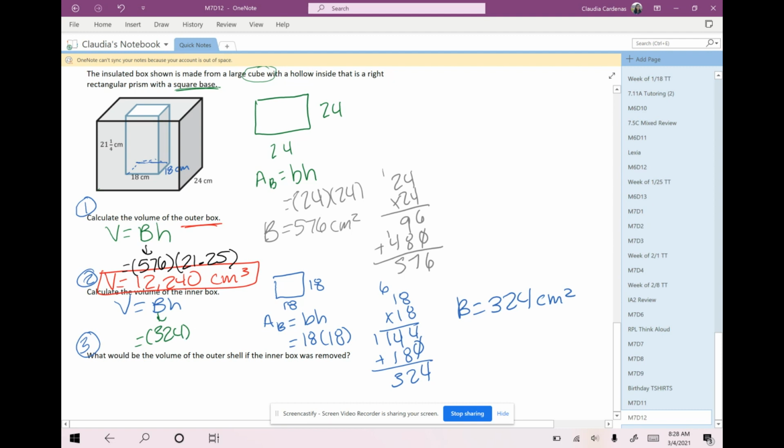And now I just need to find the height of that rectangular prism, which is the exact same height as what we used before, 21.25.